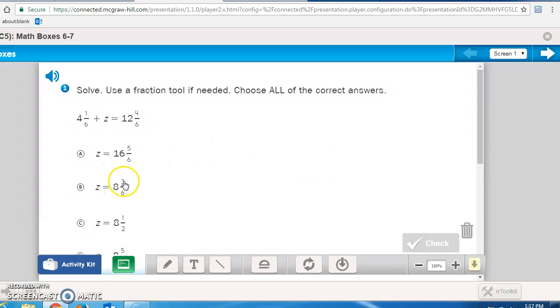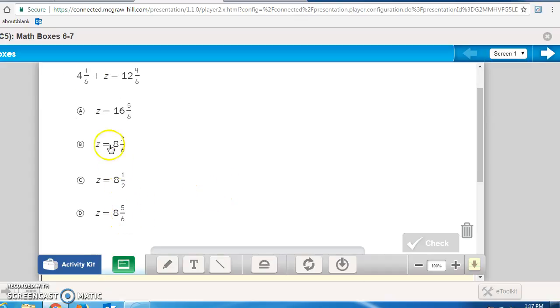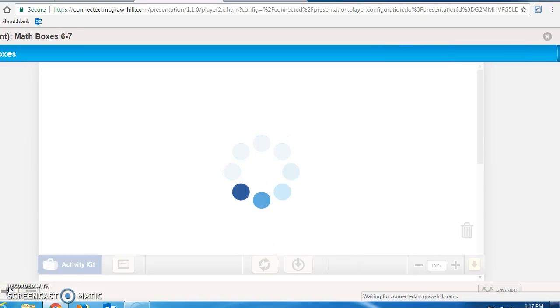If you believe you can put 8 and 3/6 in place of this, I want to see your work alongside that in your math journal. If you believe C would work in there, again, I want to see your work to prove it. Or if you believe it's D, I want you to put it in there and show me how you figured it out. Please complete Math Journal page 208.